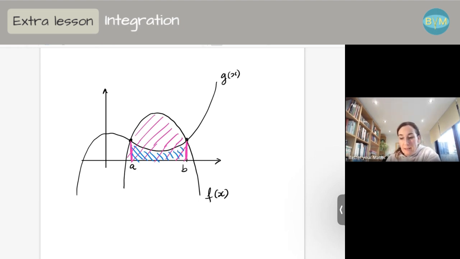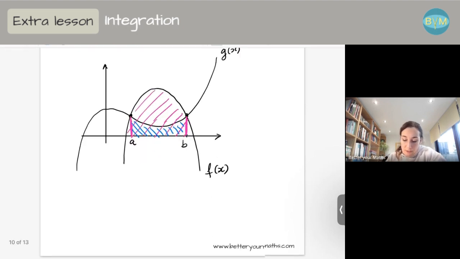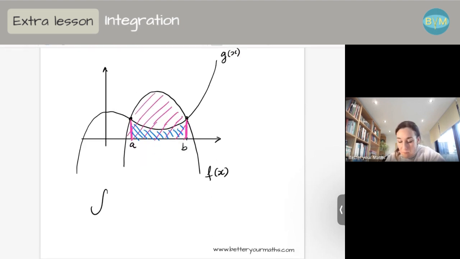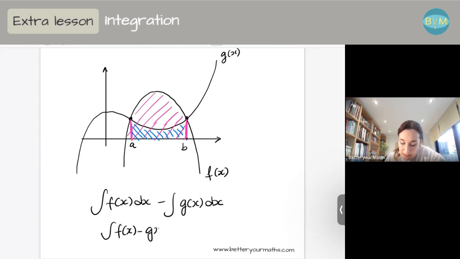So we can do the above one, which is f(x), find the area, and then subtract g(x). Or we can subtract them first and then integrate. So we can integrate f(x) minus g(x) dx. You are going to get the same answer.